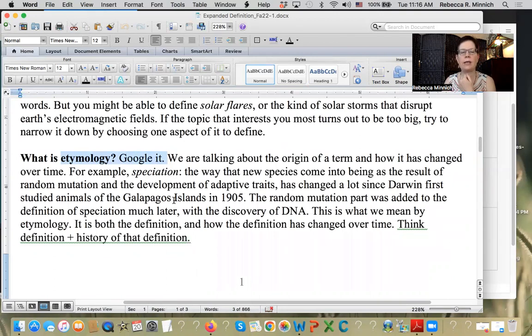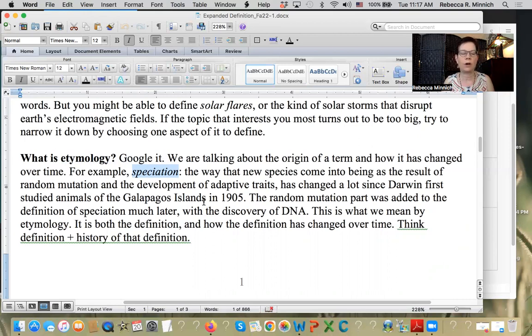So the example that I give on the assignment sheet is the word speciation, which refers to the way that a new species of animal or plant comes into being as the result of random mutation and the development of adaptive traits. But that has changed a lot since it was first in use in the early 1900s and late 1800s.